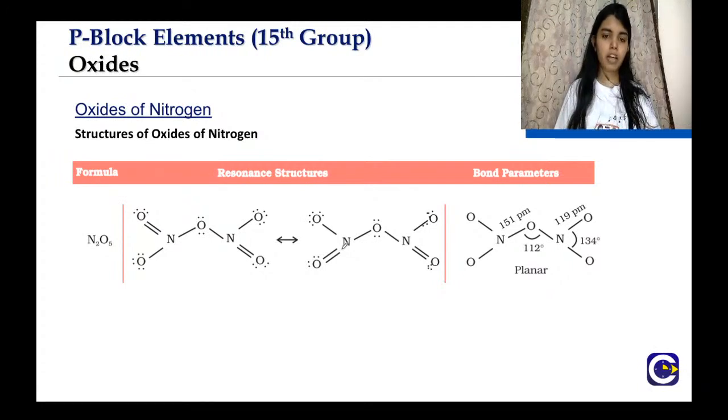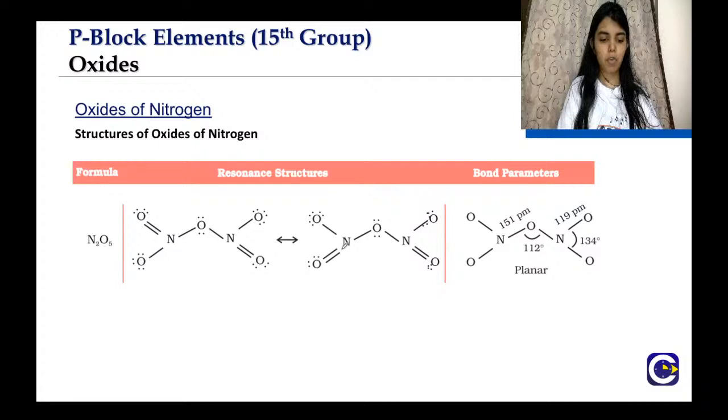Is it more than the octet, or less than the octet, or exactly 8 electrons? This is a part of chemical bonding, you should know this.